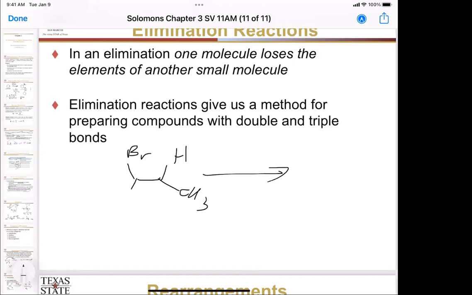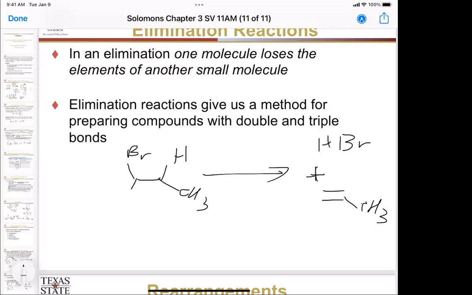And we're going to remove it right here. So an elimination reaction is turning one compound into two. So whenever you break a compound apart, imagine anytime you take two sigma bonds away and turn it into a pi bond, you are doing an elimination.